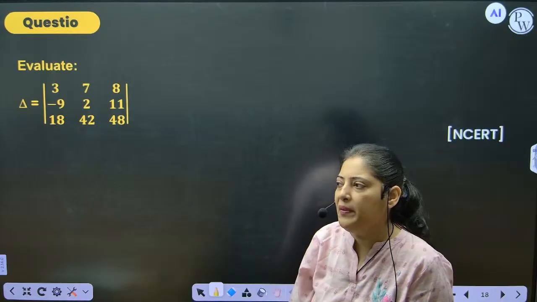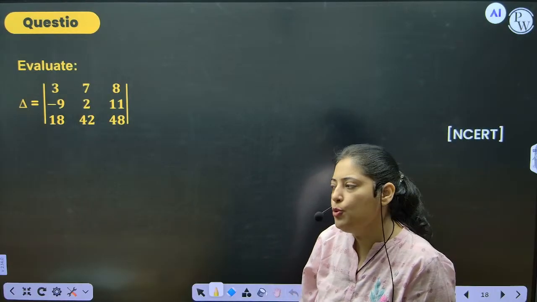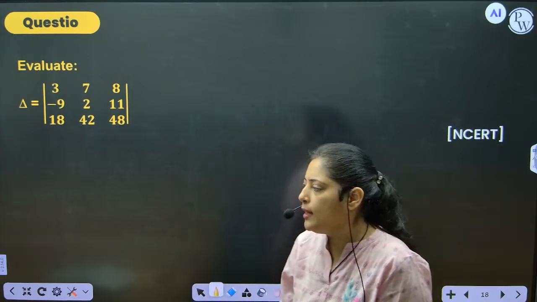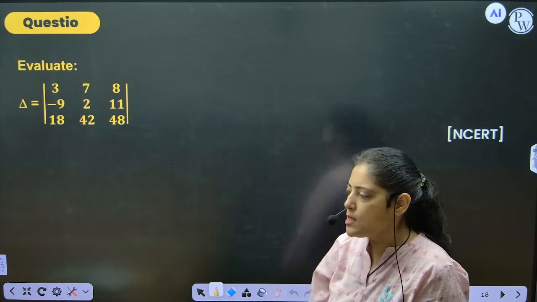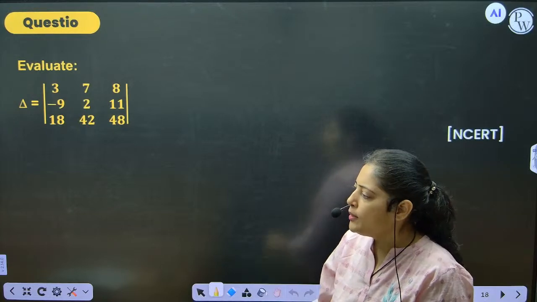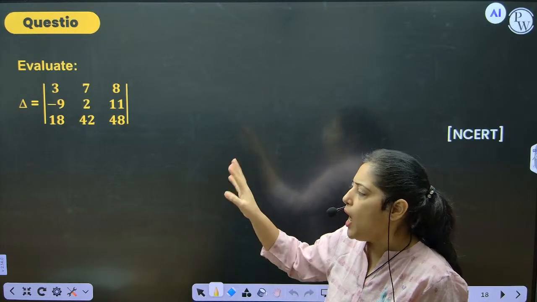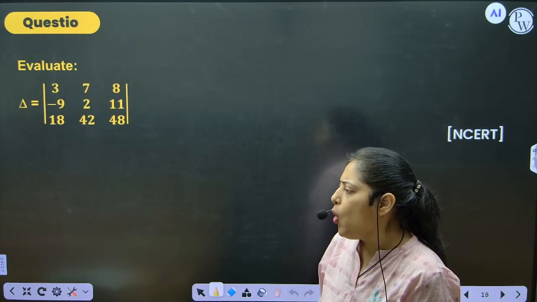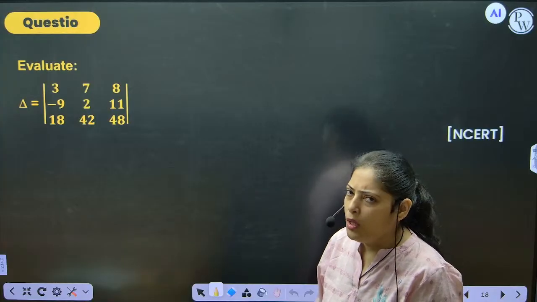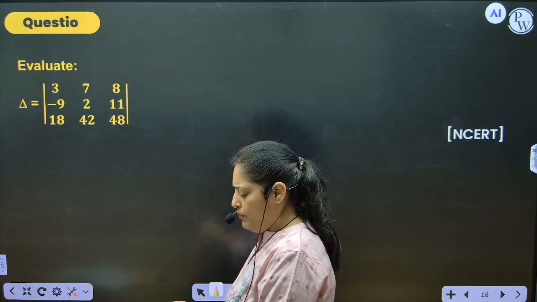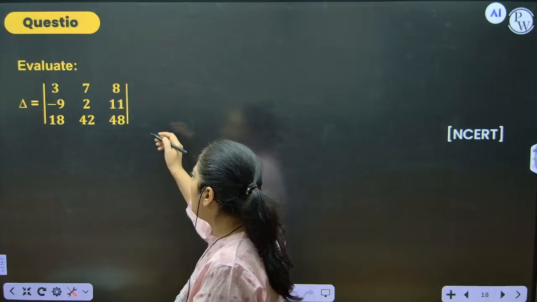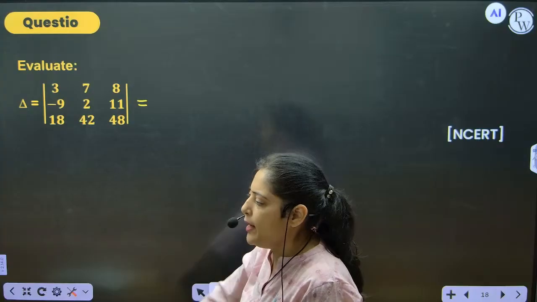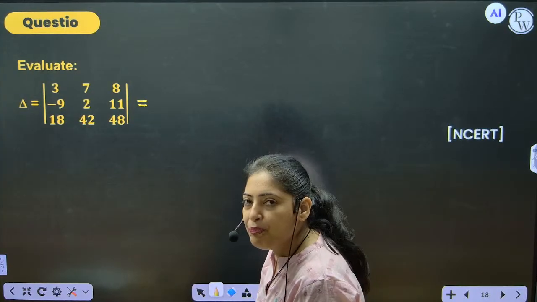Third property, what we did, when two rows and two columns are identical, value will come out to be 0. Fourth property, what we did, either of the rows or column is 0, then value will come out to be 0. But here, can anyone think of which property shall I apply and get the answer directly?